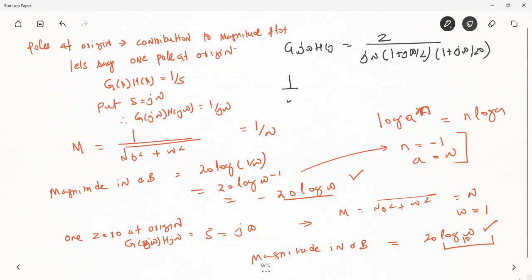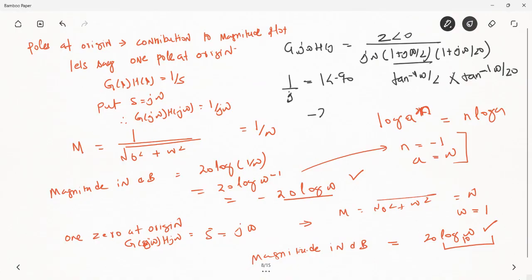So 1 by j reflects an angle of minus 90 degrees. And this angle you will get as tan inverse of imaginary part by real part. J tan inverse of omega by 2. Here also it would be tan inverse of imaginary over real part, which is 1, omega by 20. So the total contribution, there is no imaginary part. So this 2 means at an angle 0.